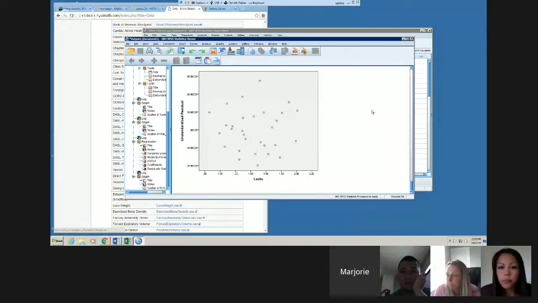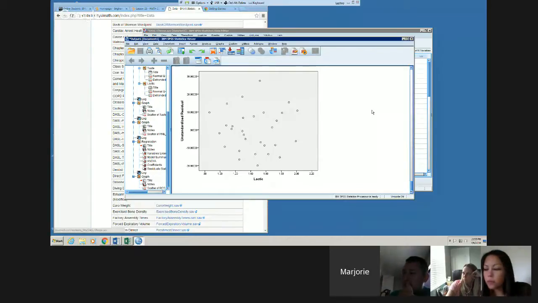The scatter plot seems to show a linear relationship, and there is no pattern in the residual plot. So we can conclude that there is a linear relationship in the data.